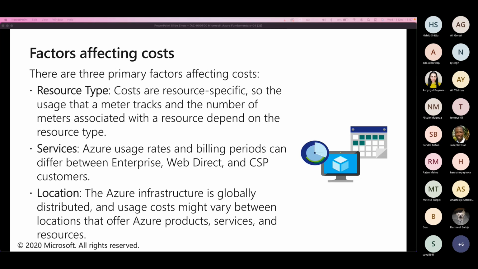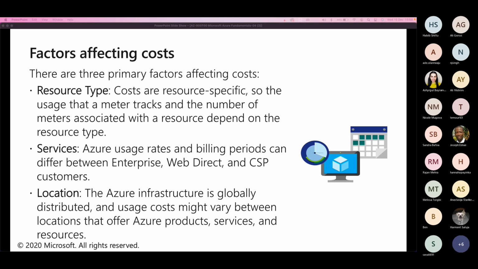If you are renting a not very powerful computer in the cloud, it's not going to cost you too much. As you might imagine, if you need lots and lots of computers to do lots of complicated jobs, it's going to cost you more. The meters tracked, and the number of meters associated with the resource, depend on the resource type.